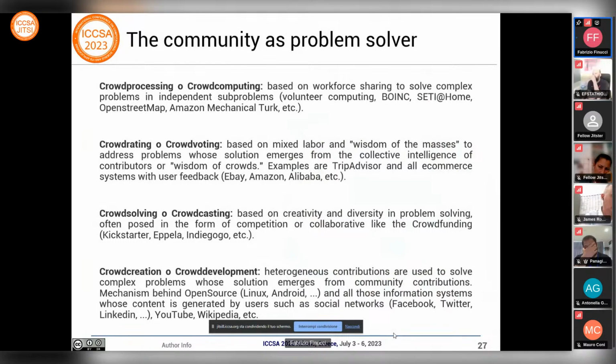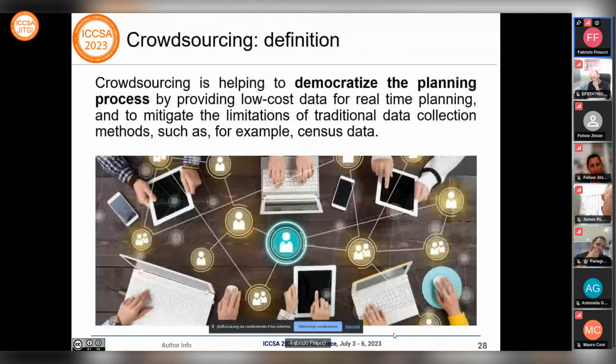In this case, it's called crowd voting, or when we apply for crowdfunding, a competitive crowdfunding, for instance on Kickstarter, or a collaborative one, or for example, when we are building our common knowledge with the collaborative way of building Wikipedia, or the crowd development of software that is completely developed online.